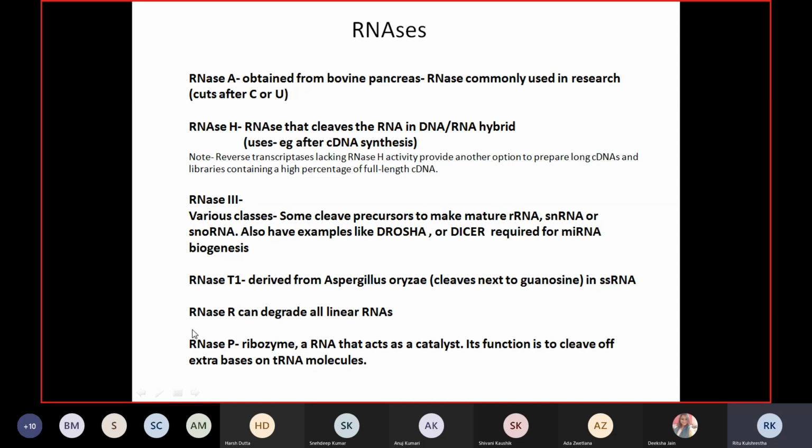Then coming to RNase P, it's a ribozyme, an RNA that acts as a catalyst and functions to cleave off the ends, or let's say extra bases, in the tRNA molecules. Believe me, this is not a comprehensive list of RNases that I've shown here, but some of the important ones, especially RNase A and RNase H, you will keep hearing about in your molecular biology practicals, if you are making cDNA, or if you are isolating DNA and want to get rid of RNA.